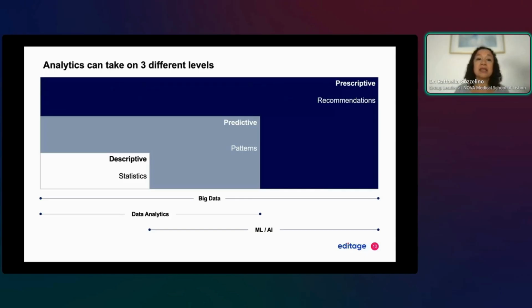And there are analytics that can take on three different levels. We start with descriptive data and statistics. This is what we are used to, right? These are what we get in the lab. We get the data, we interpret it, we do statistics on it, and then we define patterns. Through the definition of specific patterns, we can start to promote models that predict something.